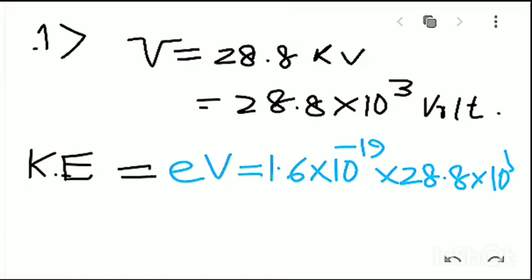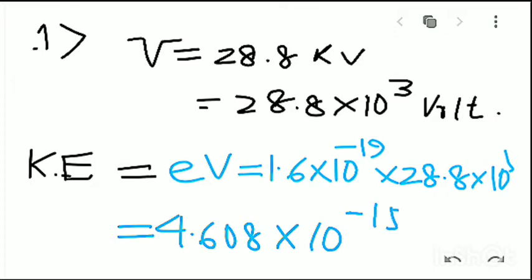What does it give? We have 1.6 into 10 to the power minus 19 times 28.8 into 10 to the power 3. The answer is 4.608 into 10 to the power minus 15. And of course the unit of kinetic energy is always joule.